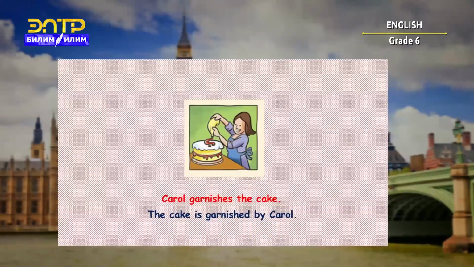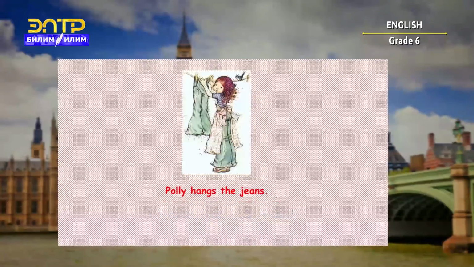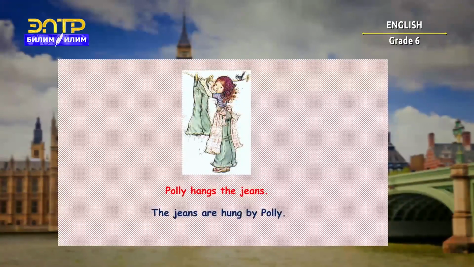And its passive form will be: the cake is garnished by Carol. Polly hangs the jeans. The jeans are hung by Polly.